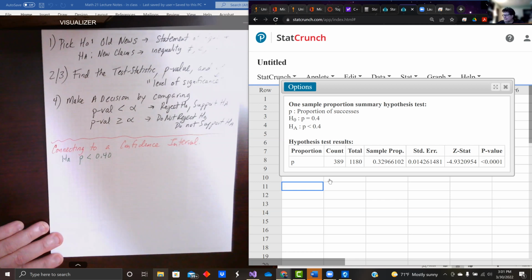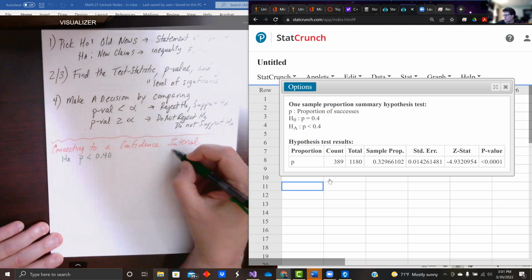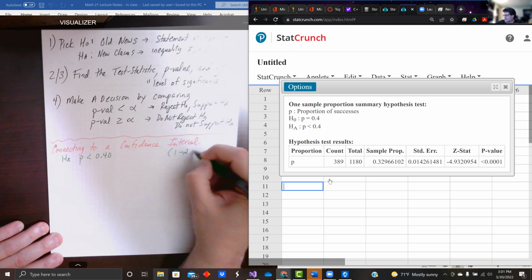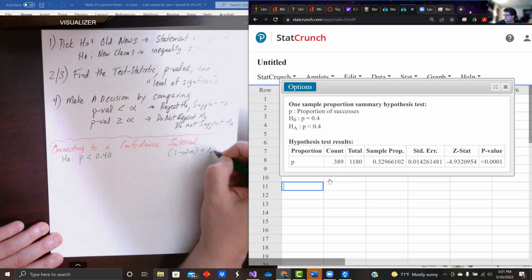This is a one-tailed test, which means we want to do 1 minus 2 alpha, which would be 1 minus 0.1 or 0.9, and that leads to 90%.